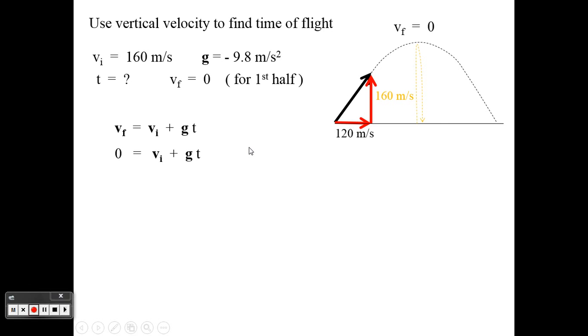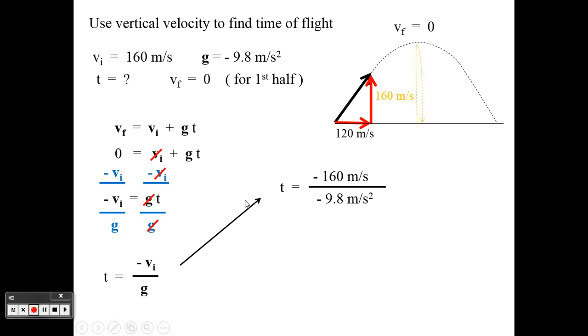Plug in my 0. We want to solve this for t. Then we have to eliminate this term, which we can do by subtraction, and then divide out the g. Negative v sub i over g is our result.